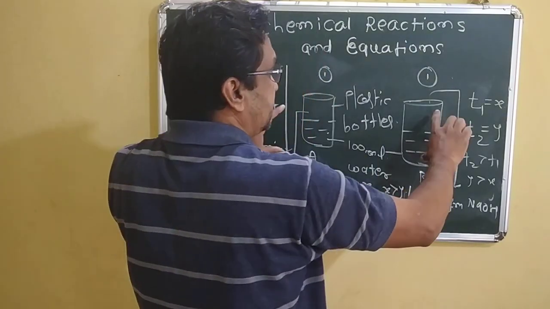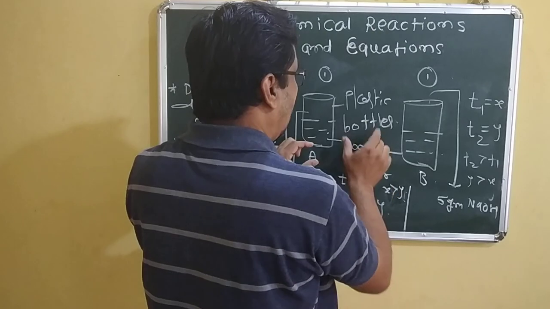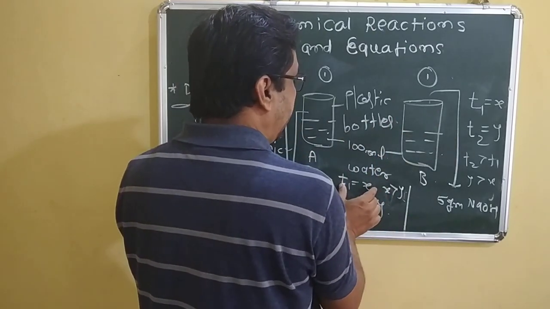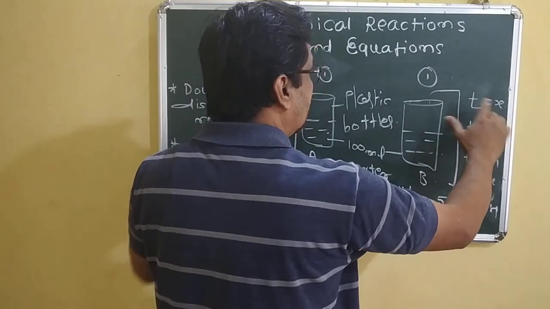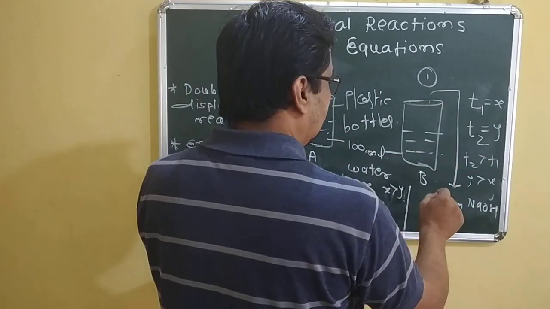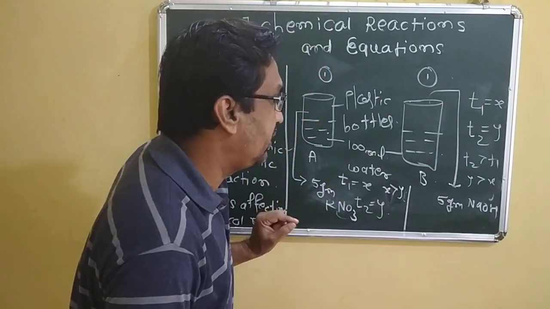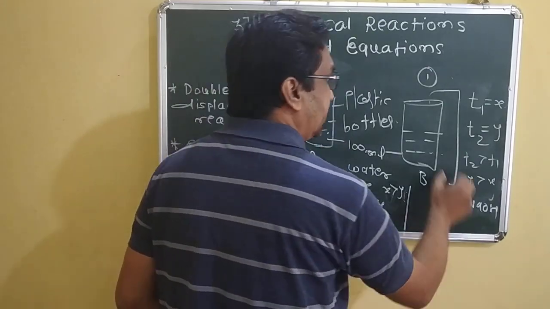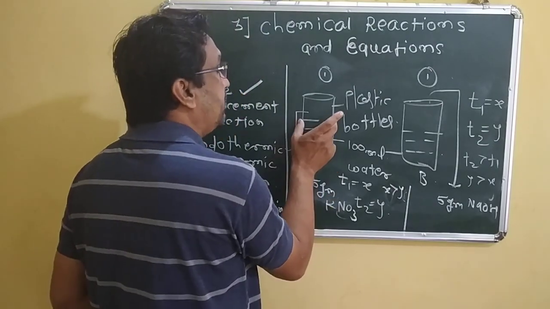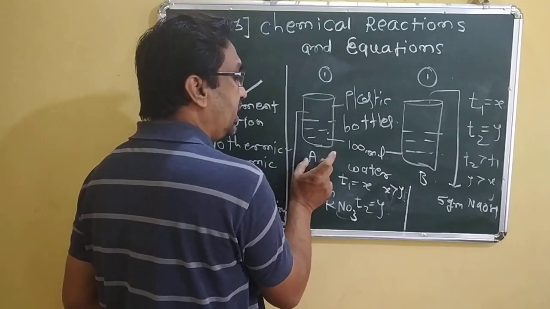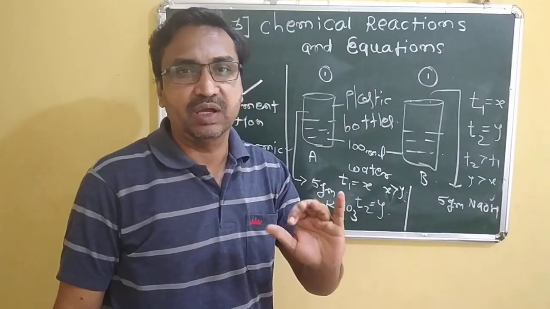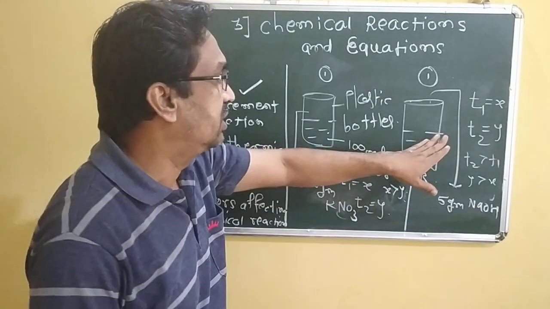So two bottles are there, containing 100 ml of water. The temperature T1 is X here, and T1 is also X here. We have the same temperature in both bottles. After that we add 5 gram of potassium nitrate here and sodium hydroxide here. We see that the temperature of the first bottle, A, decreases after the chemical reaction takes place.